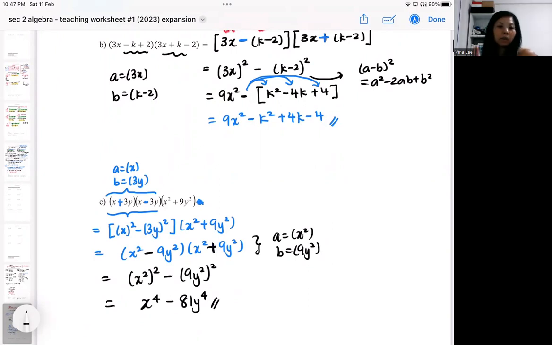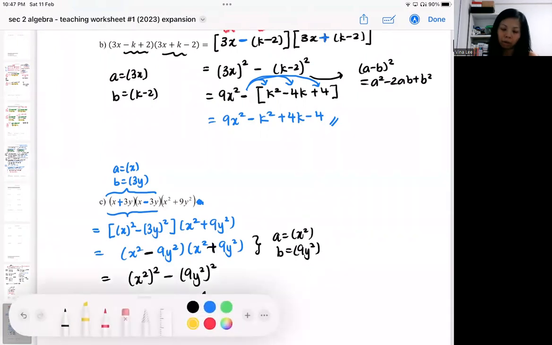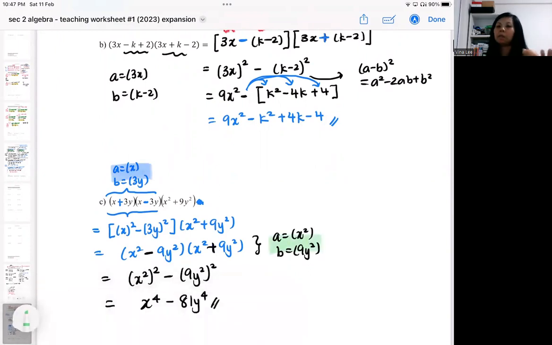So this is the extension idea. I'm using the same formula twice. The same a squared minus b squared formula. A plus b, a minus b. I used it twice, but obviously for the first time, this is my a and b. Then for the second time, this is my a and b. The a and b is different each time I apply it.